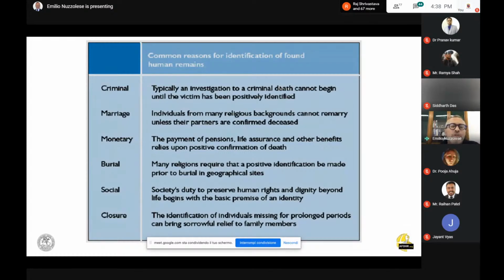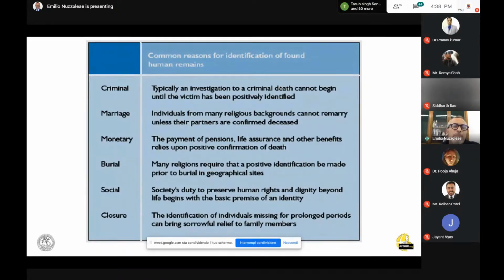And depending on the jurisdictions, if you don't have a death certificate, you cannot unblock all the financial aspects of the dead person. This means that the wife or the husband of a missing person cannot remarry, because the husband or the wife is missing and is not dead.